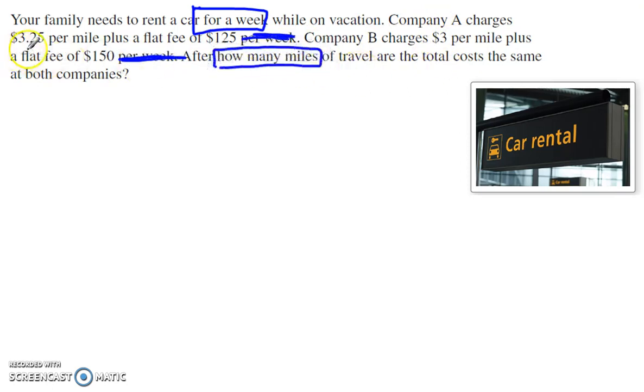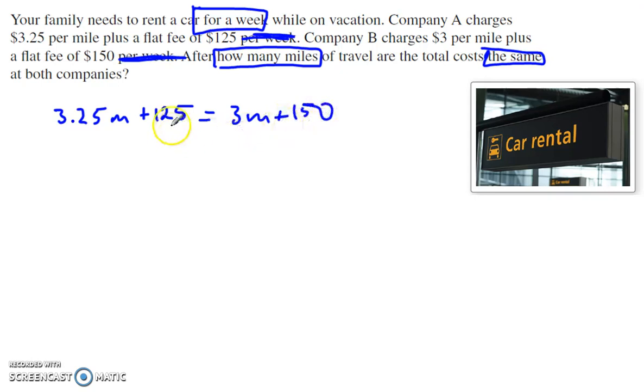Okay, important information. So we're going to write this down, 3.25 per mile plus 125. Now I could write two equations and then set them equal because they want to know when they are the same. So for the same, I'm going to use equals. And then $3 per mile plus a flat fee of $150.